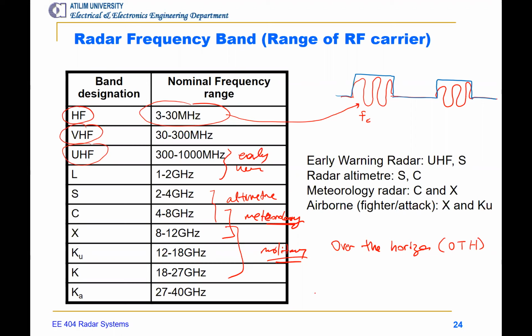Now, we have radars up to 110 gigahertz, by the way, especially used in automotive applications where we have automatic collision detection systems. I mean, one vehicle can detect others so that no collision happens.